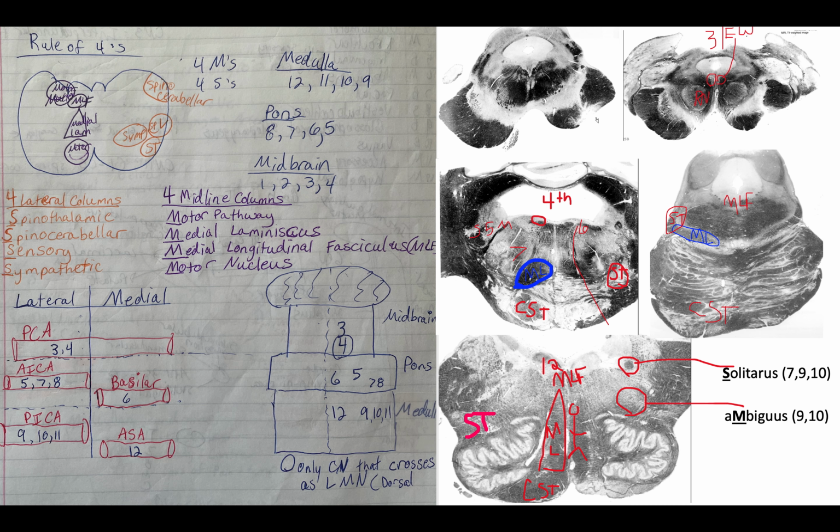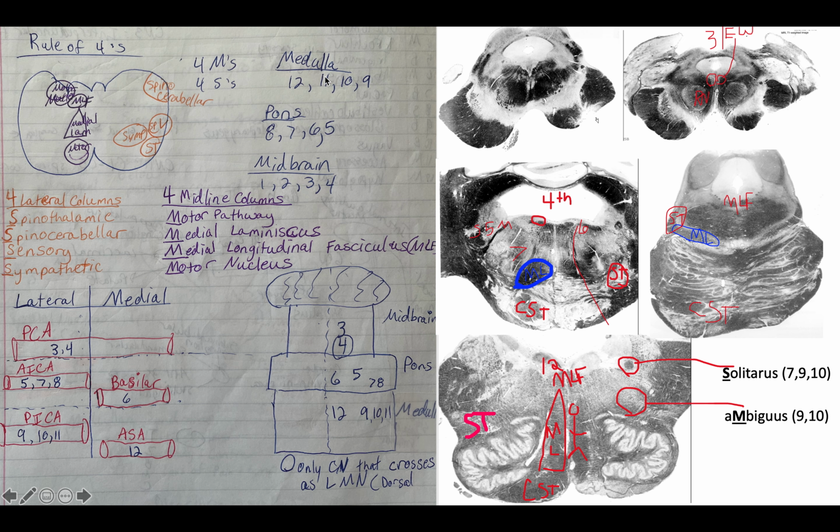The rule of 4 is basically saying that your first 4 cranial nerves you could expect to have involvement with the midbrain. Since I said 1 and 2 go directly to the cerebrum, that only leaves you with 3 and 4. Your pons, for the rule of 4, will get you 5, 6, 7, and 8. And your medulla will get you 9, 10, 11, and 12.